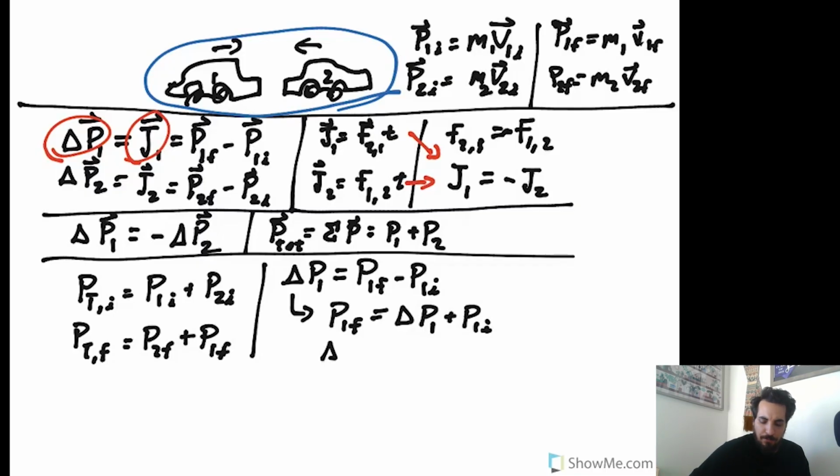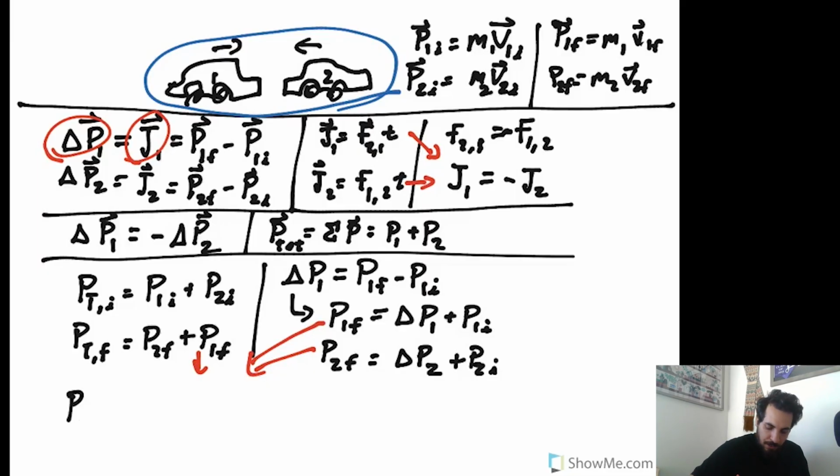And likewise, we have the same relationship for P2, the momentum of car 2. We find that P2 final is equal to delta P2 plus P2 initial. If I weren't being lazy, I would include the vector arrows here, but I'm trying to keep things a little cleaner.